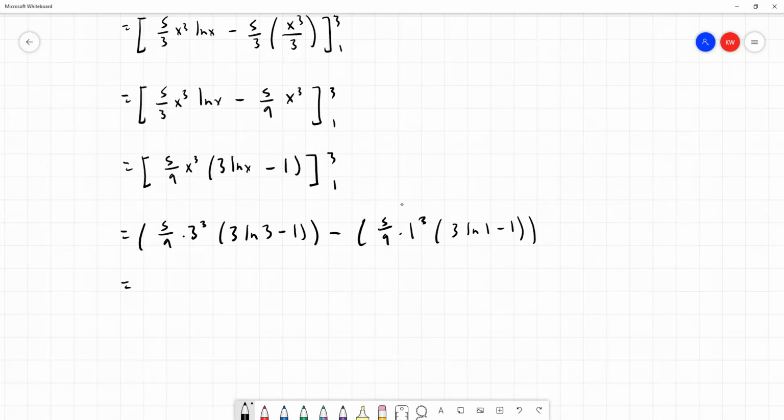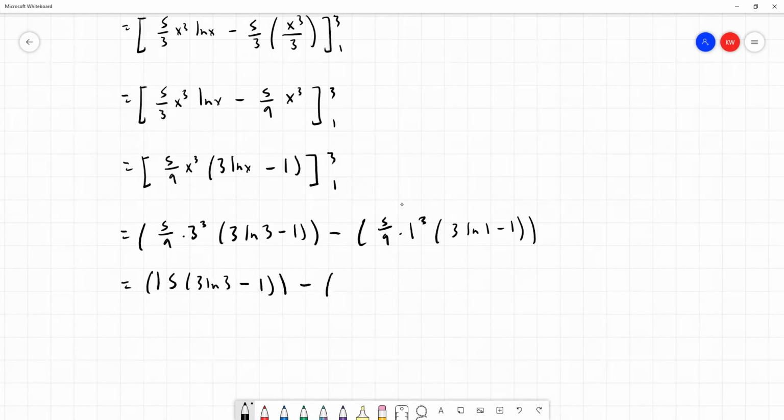And let's deal with this. So 5 over 9 times 3 cubed, well, 3 cubed is 27, so 5 over 9 times 3 cubed is going to be 15. And we have 3 log 3 minus 1 here. We can leave that as it is, for now.